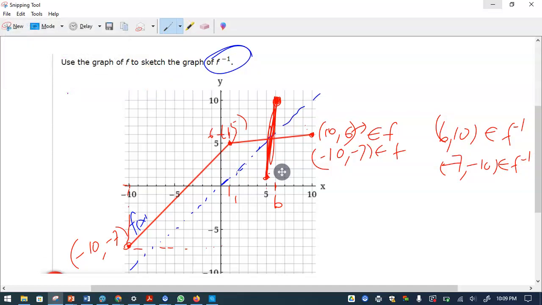Minus 7 will be right here. And minus 10 is right here. So I go all the way. That's the point. And now you have to join this. There you go. Clearly you can see the pink color is the reflection of the red graph. I hope it makes sense to you.